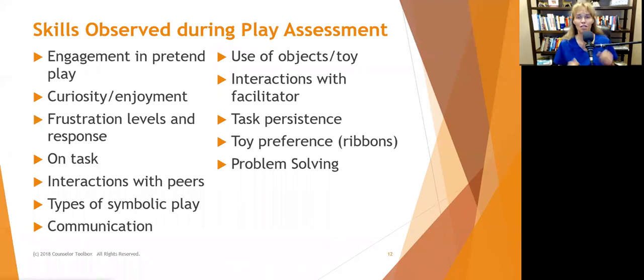A spatula can be used to dig with, and there's a lot of things you can use a spatula for besides flipping things. And we just want to look at their creativity and how they use it, and can they grasp it? Can they make it do what they want? We'll be able to observe interactions with the facilitator, see how they deal with new people or less familiar people, task persistence, toy preferences, and problem solving.